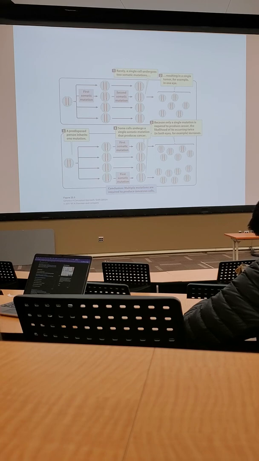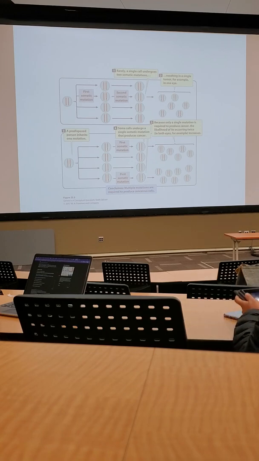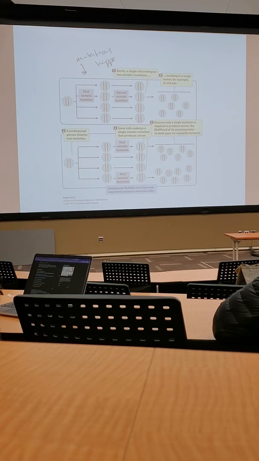So in this model, they're just trying to show the different alternatives, right? On the top is somatic mutations that are happening sequentially. So in the top, the mutations happen in the same cell lineage. And then the bottom one, mutations are happening in independent lineages, but you have this predisposition.